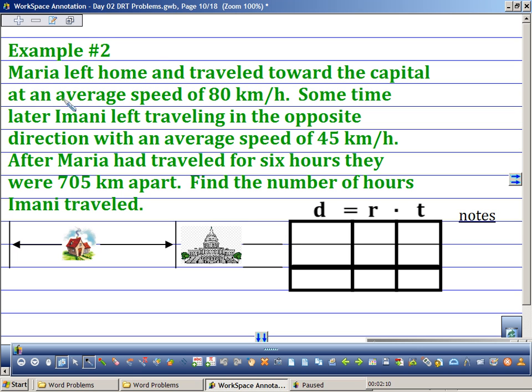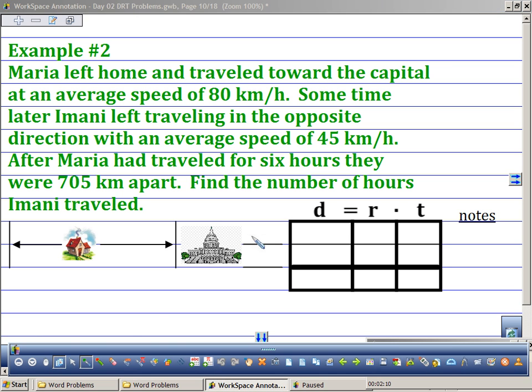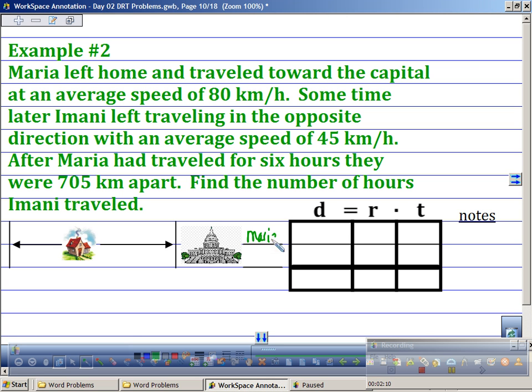Maria left home and traveled toward the capital at an average speed. First of all, let's write Maria's name. Maria is going towards the capital at an average speed of 80 kilometers per hour, so she's going 80. Sometime later. What am I going to do with that? Note.